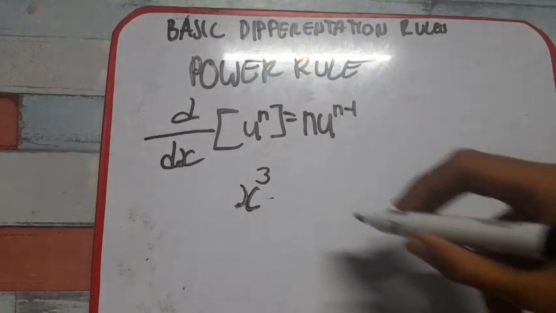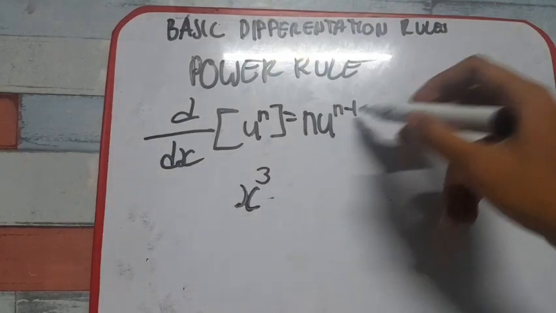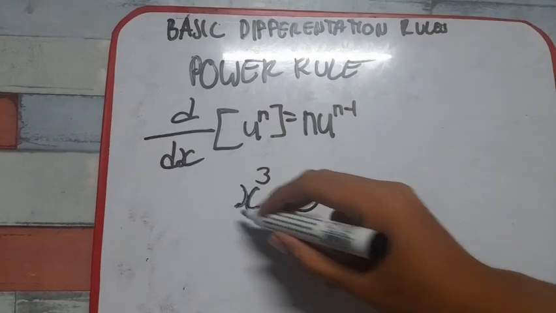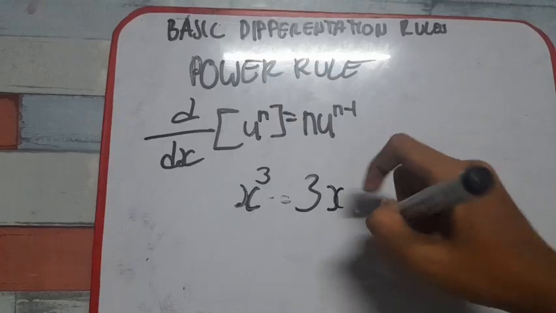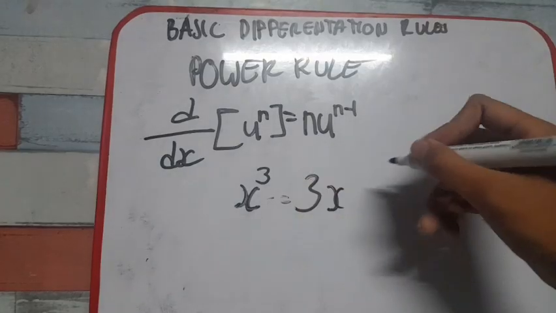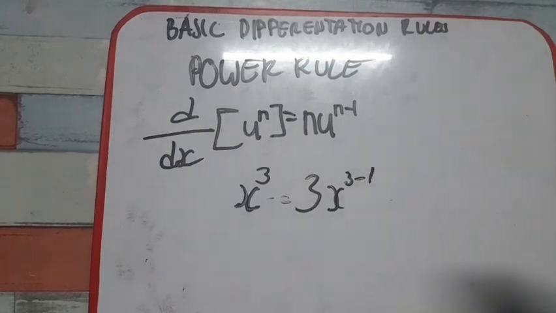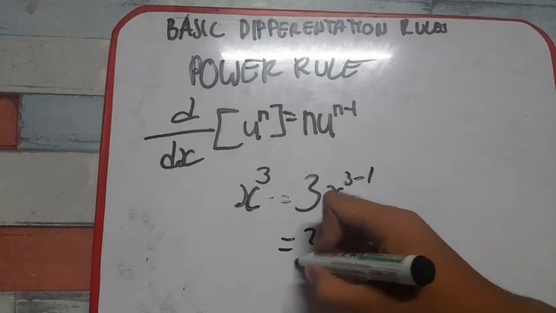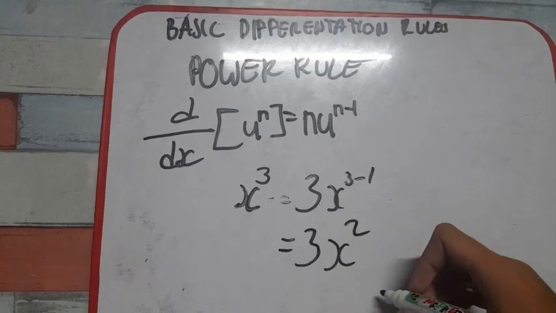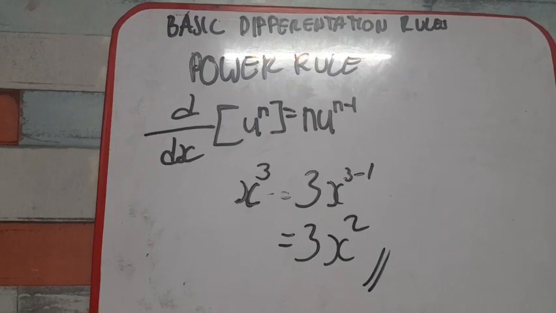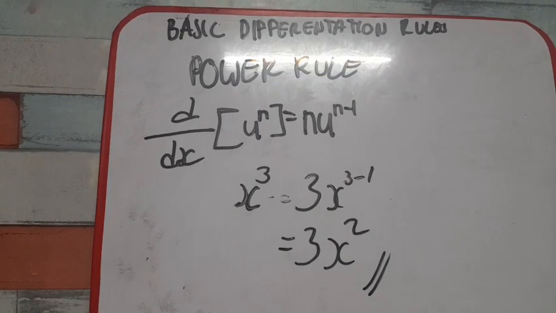Following this formula, we have 3, then copy the x, and then subtract 1 from the exponent, so 3 minus 1 is 2. That gives us 3x squared. That will be our final answer, and that is the power rule.